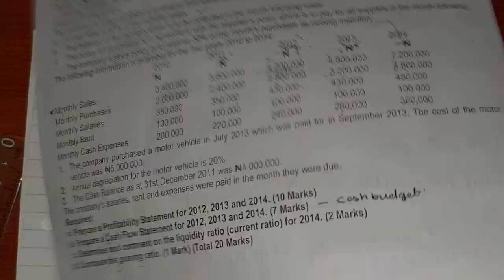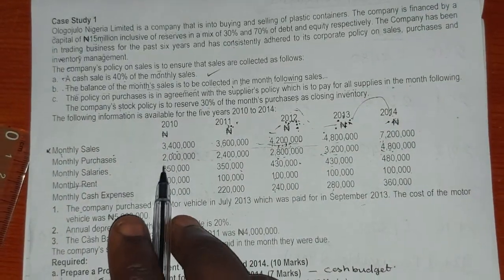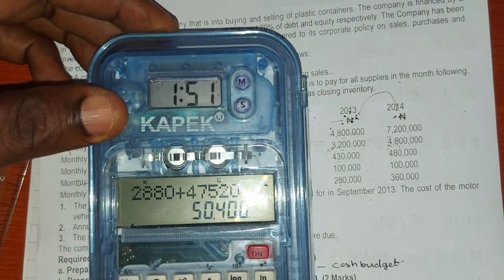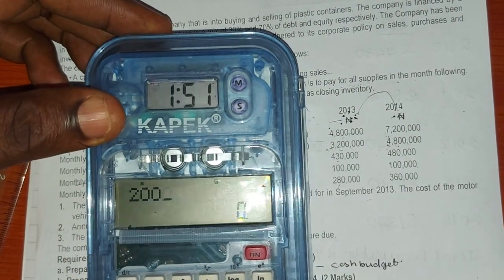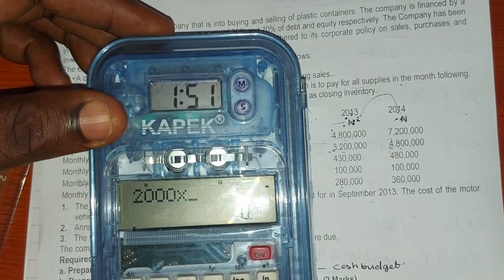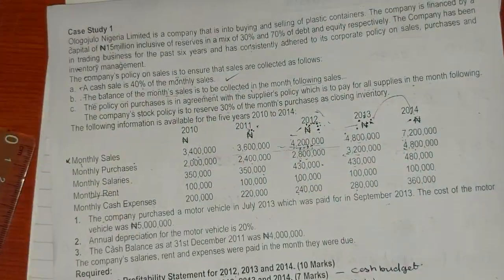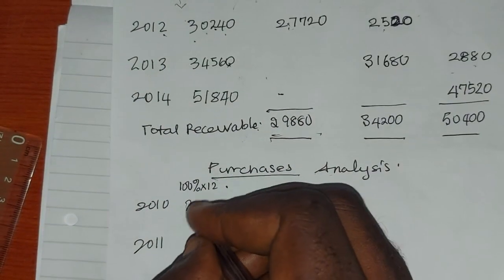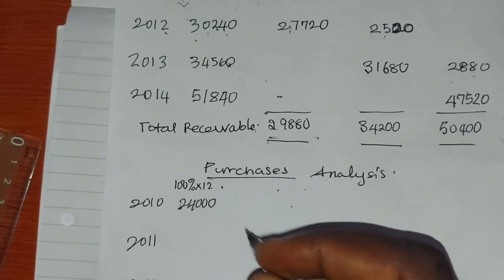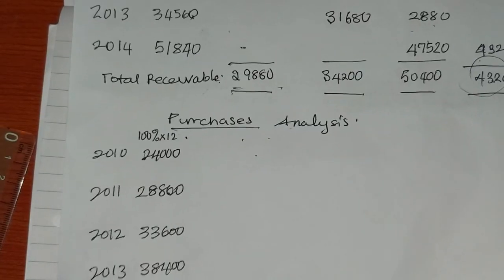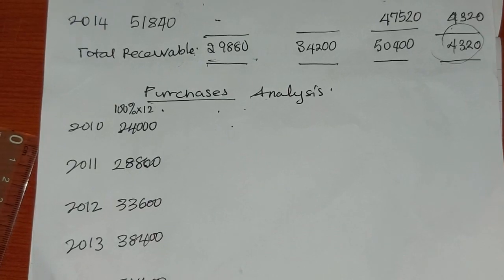So for the purchases, we have 200. That's just say 2,000 multiply, because we are working in thousands, by 12. That's 24. So we have 24,000. For purchases, this is the total.